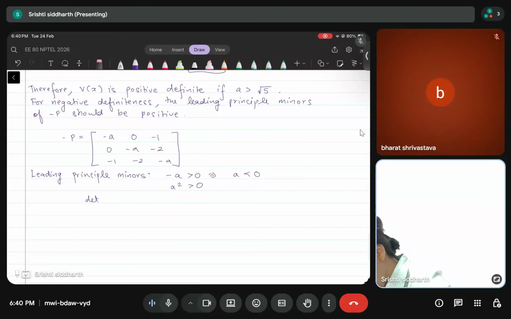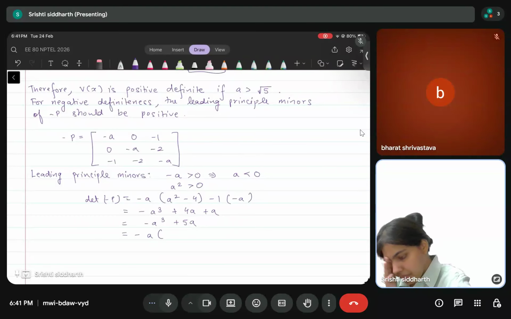So this is the determinant of minus P, which comes out as minus a times a square minus 5.